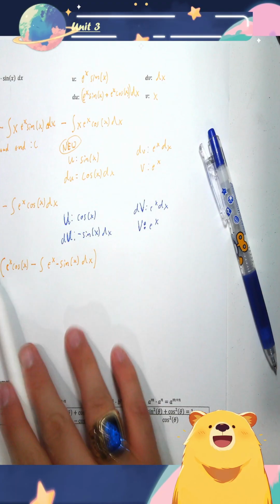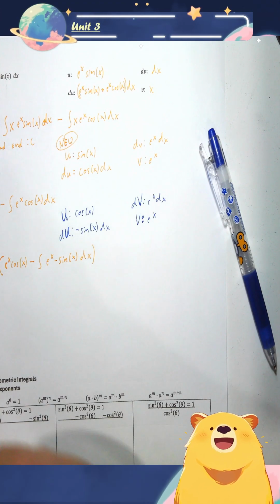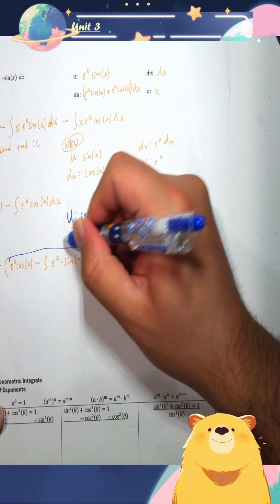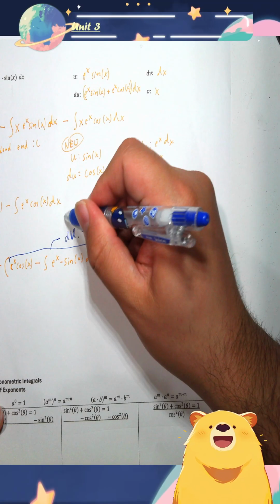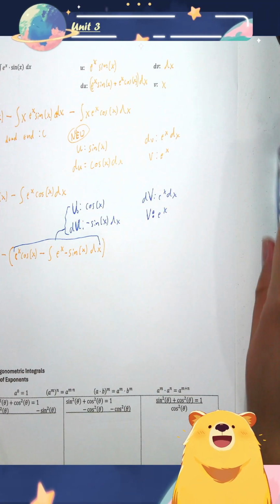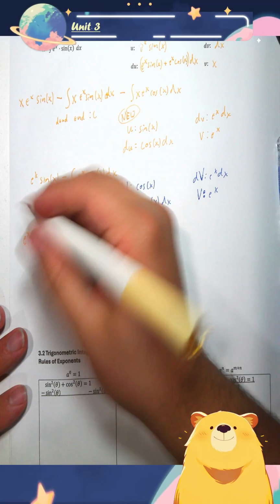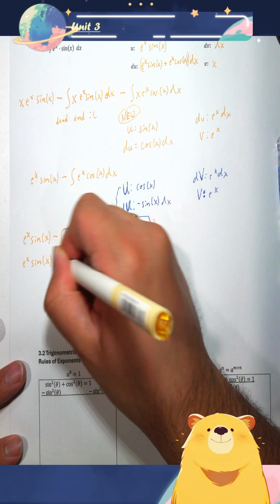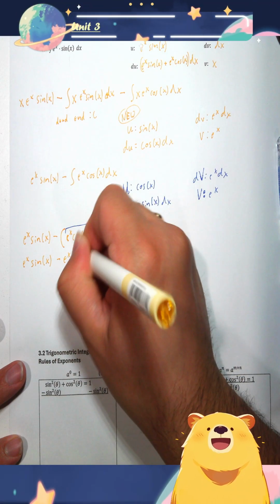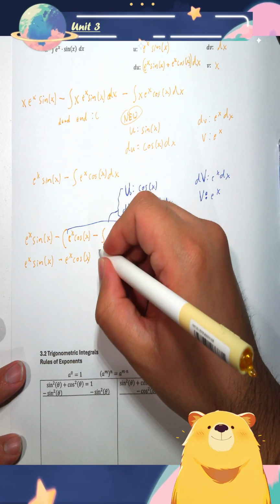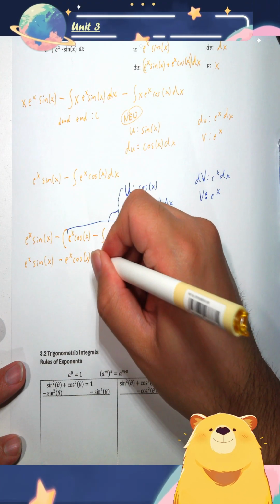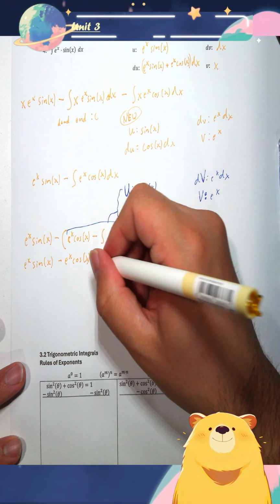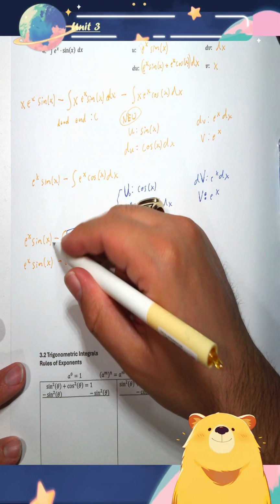Then from here, I'm going to distribute and simplify. Oh, I forgot a color code. Well, this whole thing was representative of the work for integration by parts. I hope that's obvious. Okay, we have e to the x sine of x minus e to the x cosine of x, and then minus, because that's a triple negative.